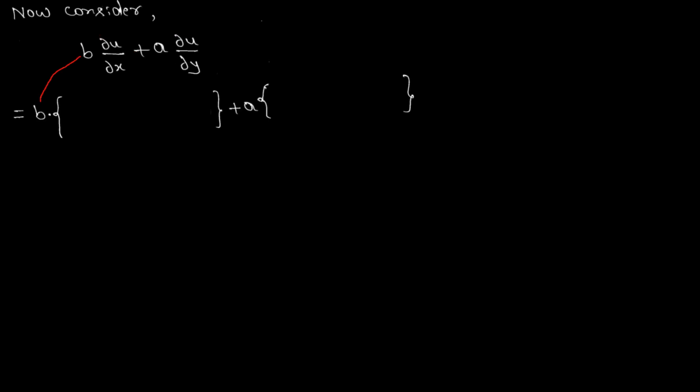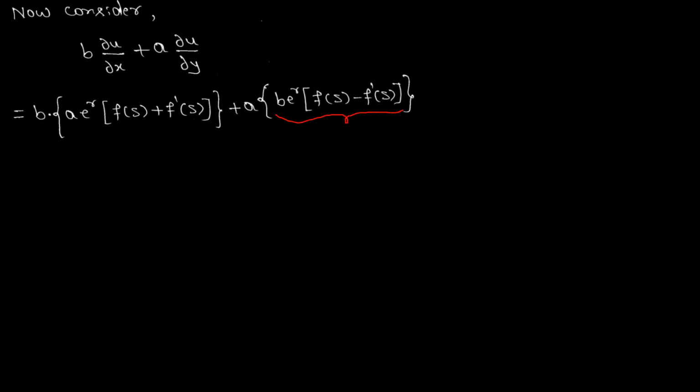B as it is and a as it is. Let us substitute the values now here and here. This is our dou u by dou x and this is dou u by dou y. Let us multiply each inside.